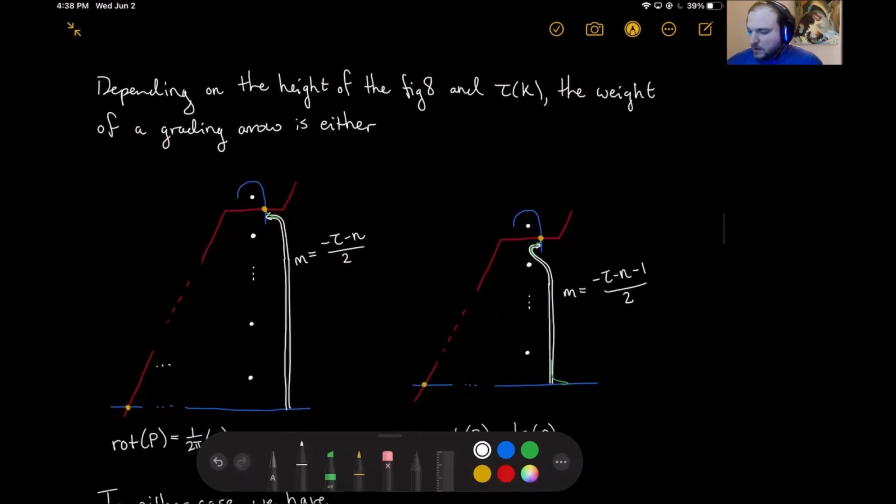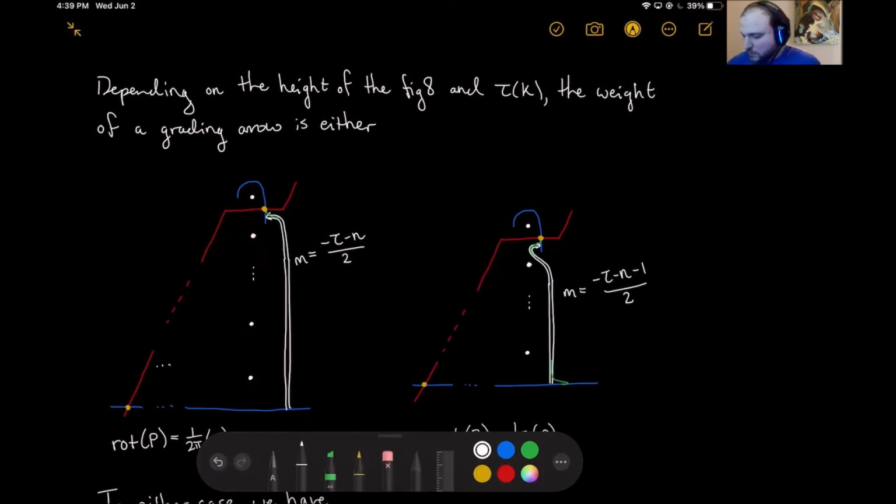So then depending on the height of a figure 8 in the curve invariant and tau of the knot, the weight of a grading arrow, you can show by using the technique in the HRW papers of recovering the knot Floer complex by intersecting with this lift through the marked base points, and then on the left of a base point you'd put a Z base point, and on the right you'd put a W, and then you would just do traditional knot Floer homology that way.